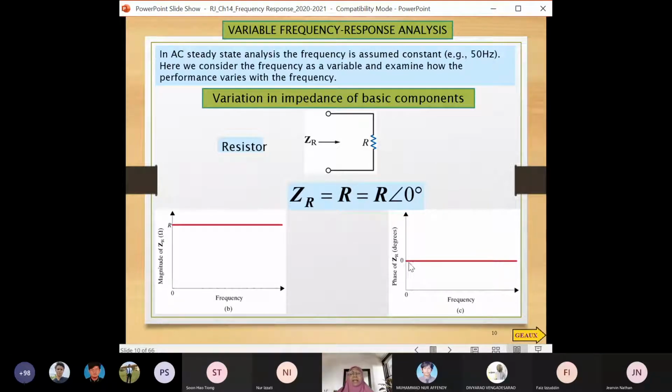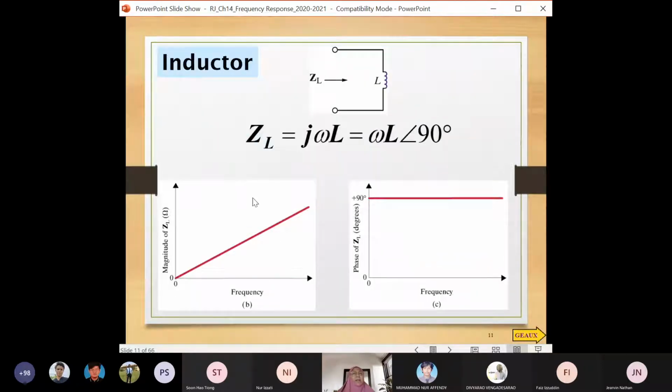So we say there is no change in the impedance of the resistor. We have zero phase, zero lagging.